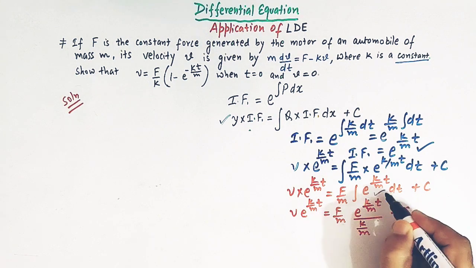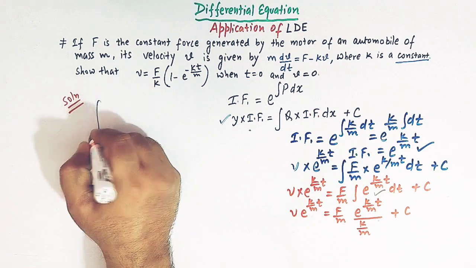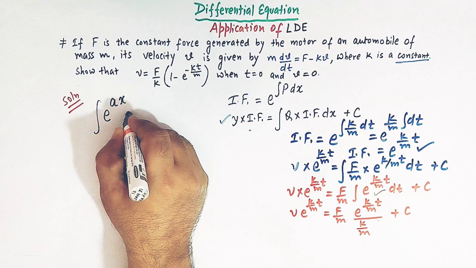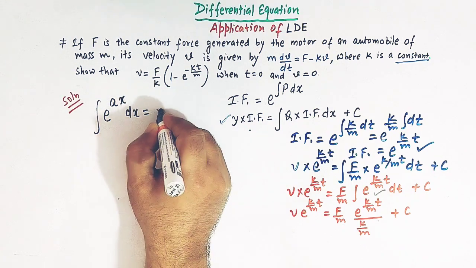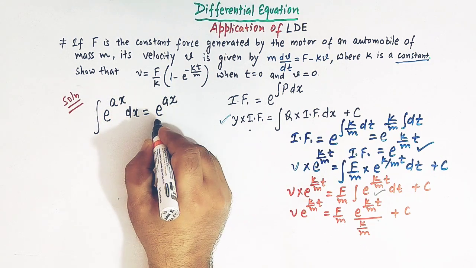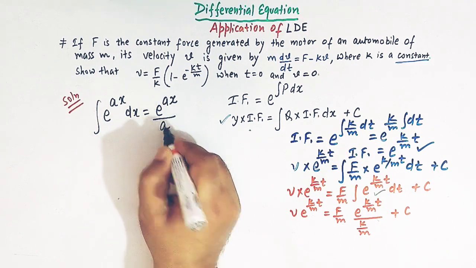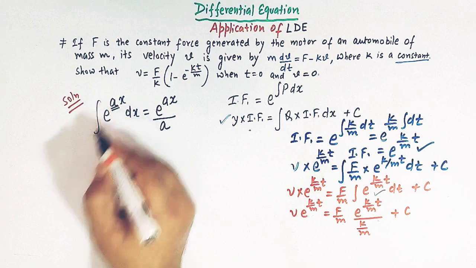Here we have used this result, that is the integral of e raised to ax dx is equal to e raised to ax divided by a, where a is some constant.